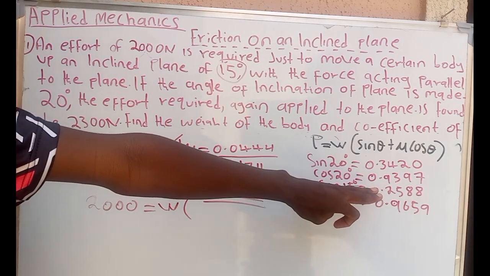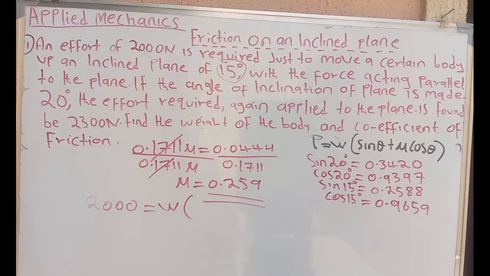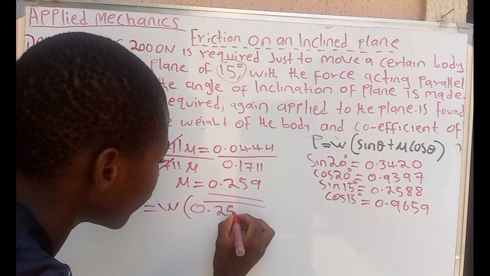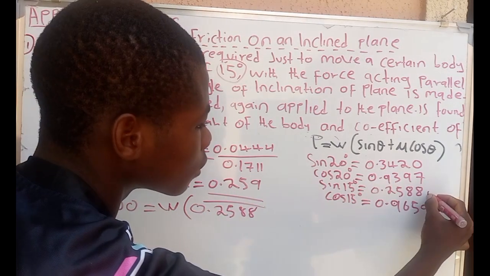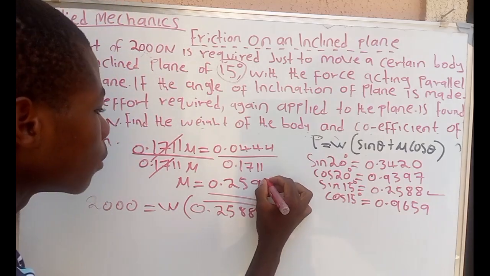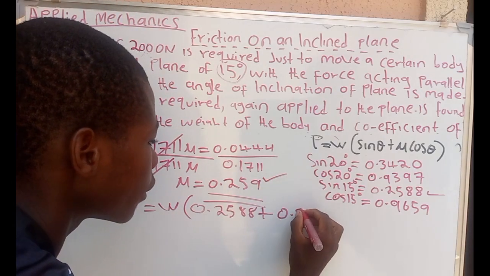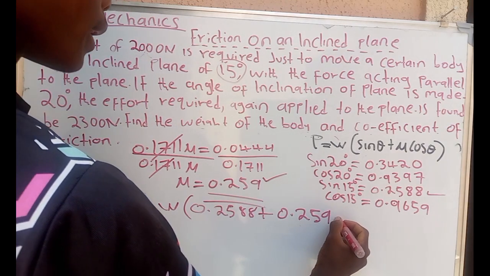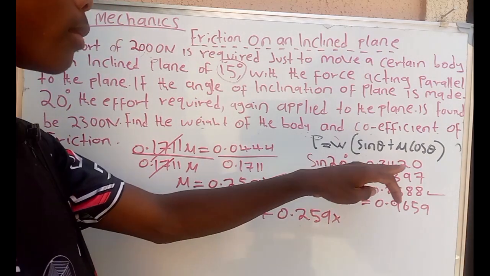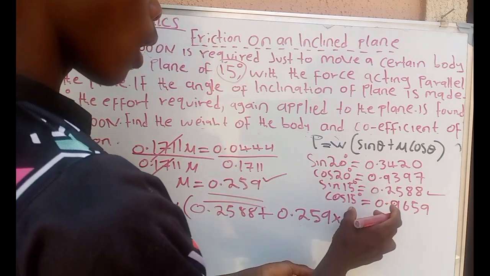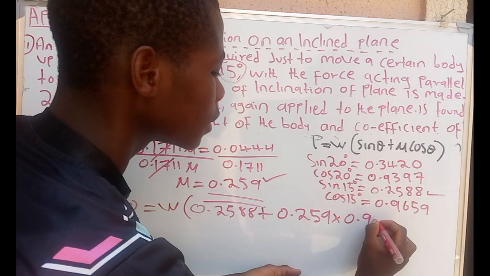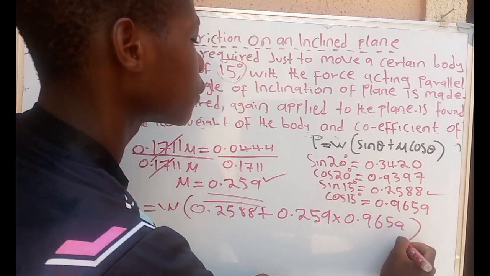What is sine 15? Sine 15 is 0.2588, plus the value of mu, 0.259, multiplied by cos 15, which is 0.9659.